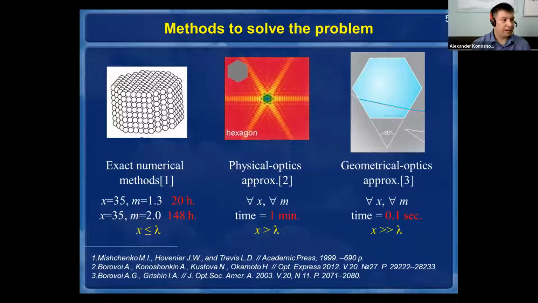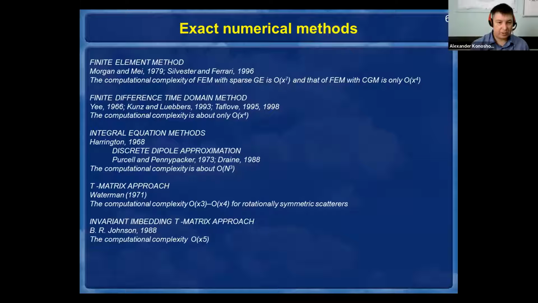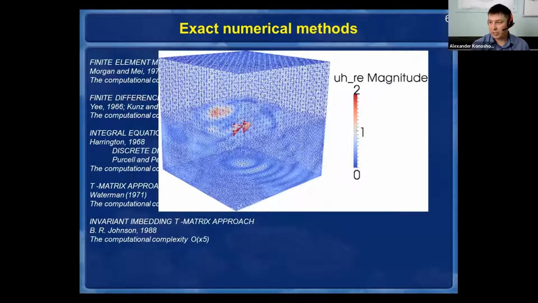Before we start with physical optics, I will briefly introduce the exact numerical methods, starting with finite element methods. The idea is to discretize the whole integration volume by a finite mesh, and then solve the light scattering problem on the whole medium. The finite difference time domain method has the same idea.